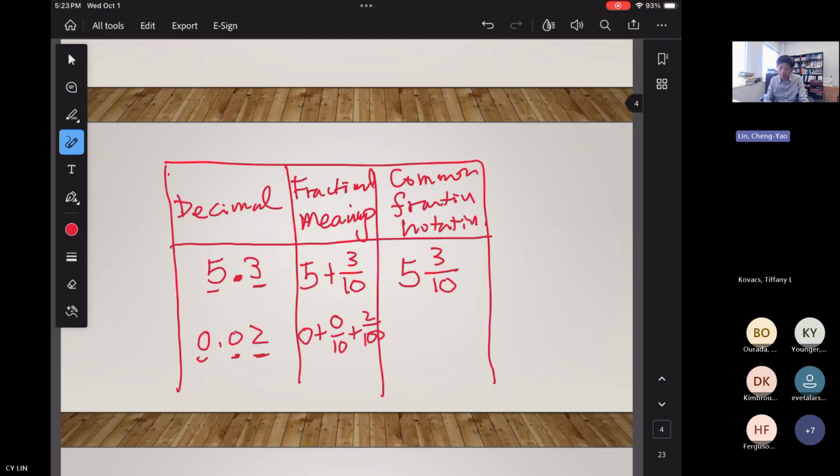That means, in fraction meaning, we have a 0 for the units and 0 for the tens, and then 2, that means 2 hundredths, okay? And what's the common fraction notation? We will do this common fraction notation over 100. That is a common notation, okay?